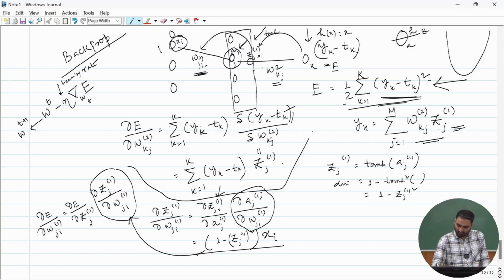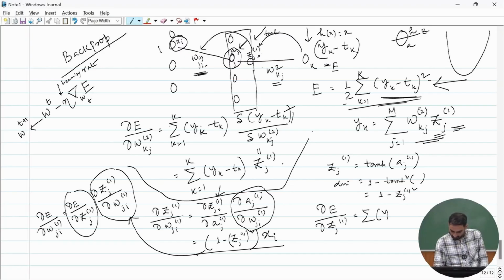Only the corresponding z will come out, so only the w part will come out. So del E del zj1 is the sum over yk minus tk, k equals 1 to k.